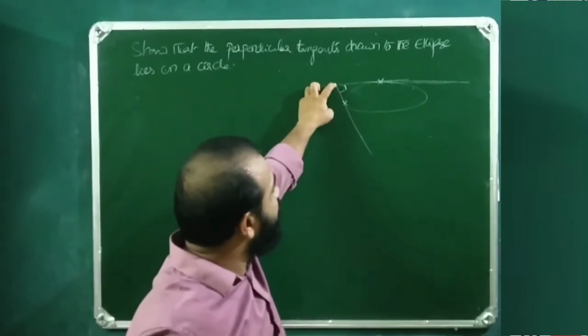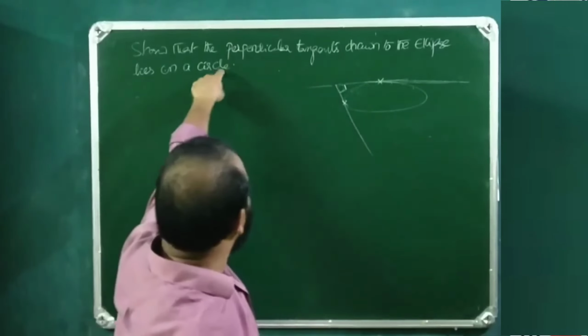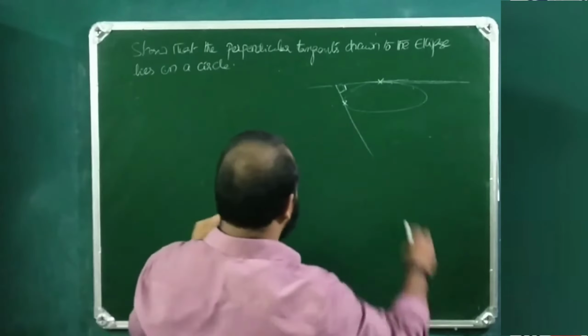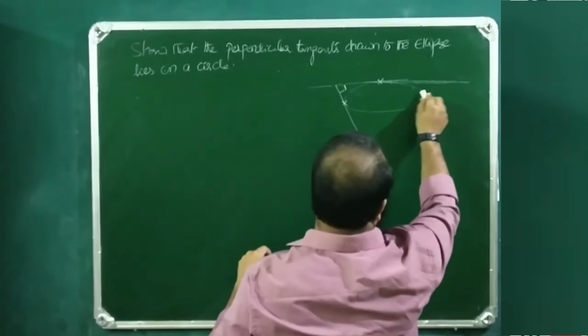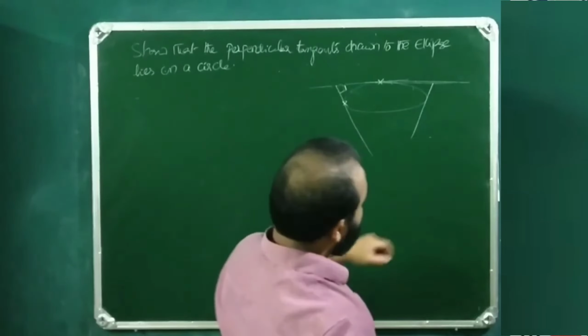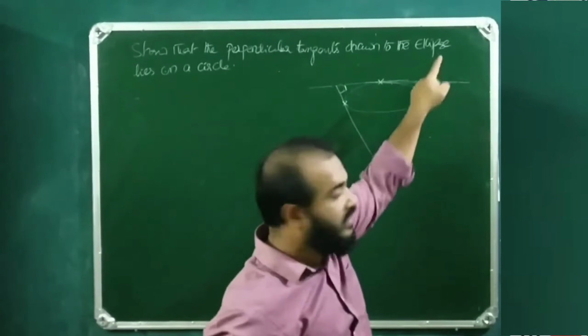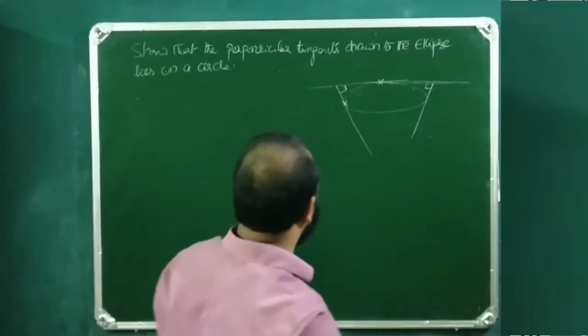So the locus of these perpendicular tangents lies on a circle is what we need to prove. If you take this tangent and at this point this tangent, these two tangents are perpendicular to each other.